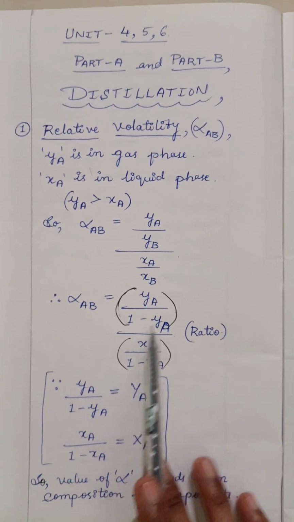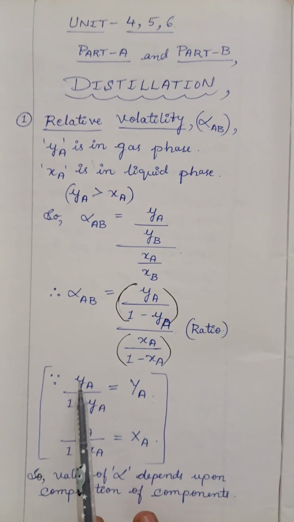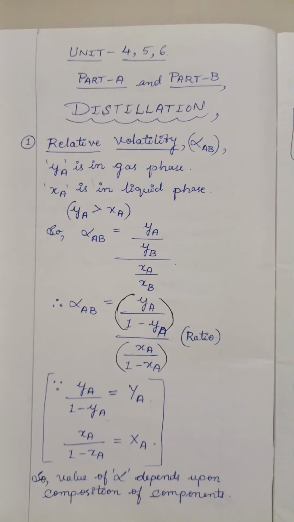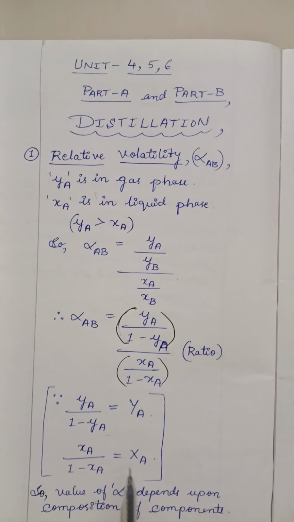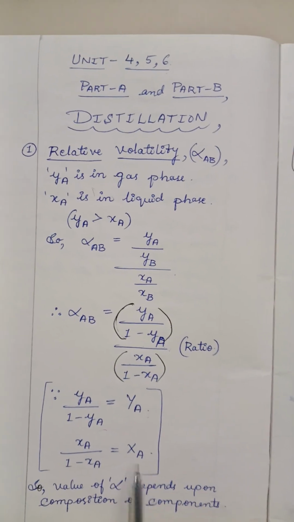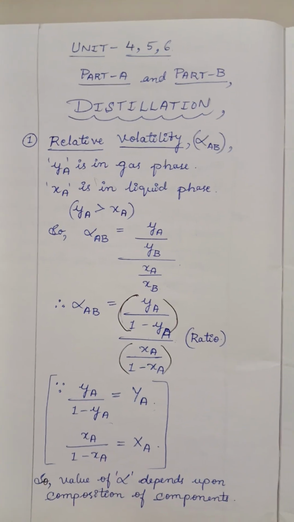We have made one ratio that is represented as capital Ya, where small ya by 1 minus small ya is the ratio considered as capital Ya. Similarly for Xa. Y is considered for the gas phase and X for the liquid phase. This must be very clear to you.